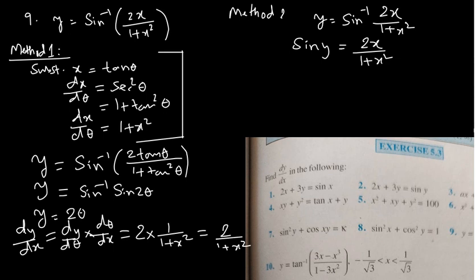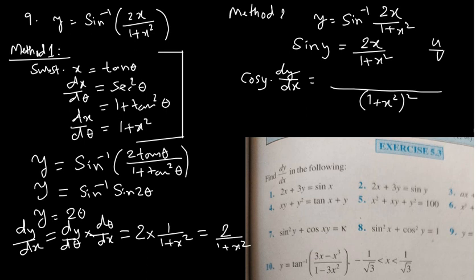Then differentiate both sides. So you will get cos y into dy by dx equal to, this is the u by v rule, the quotient rule, so you will have 1 plus x square whole squared.